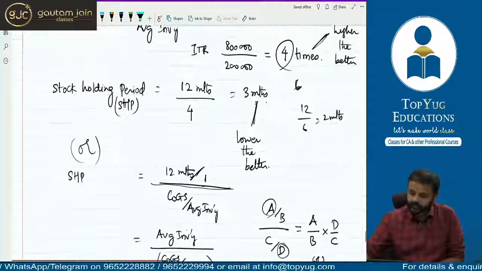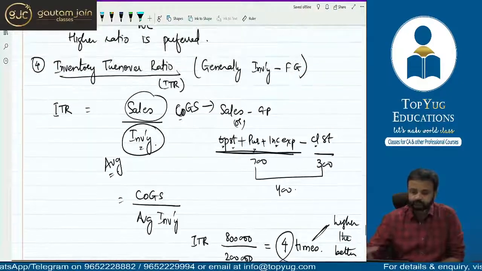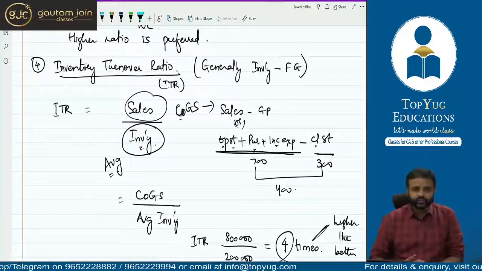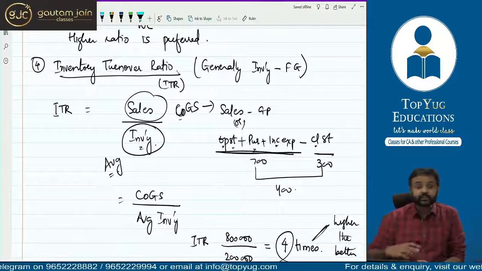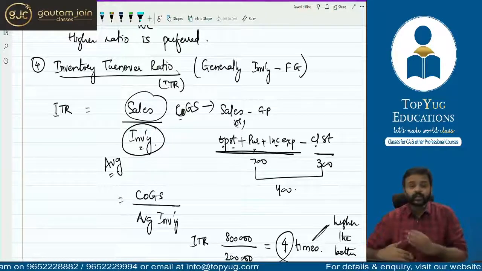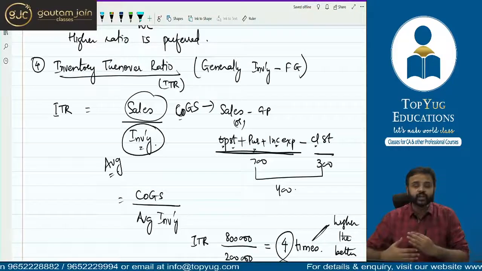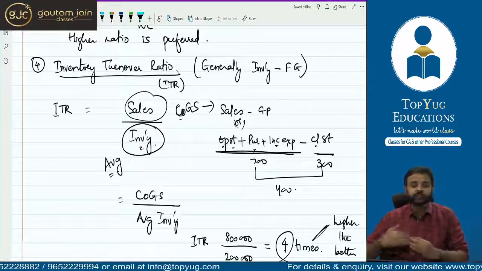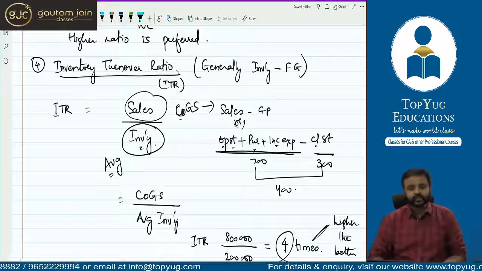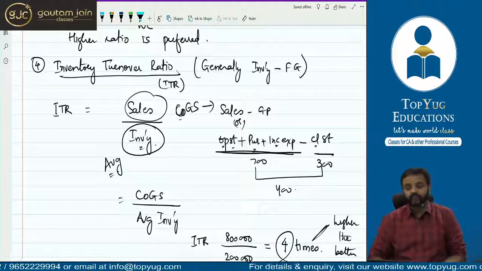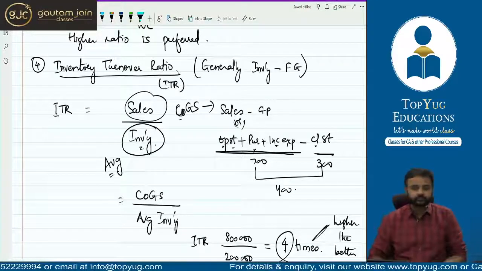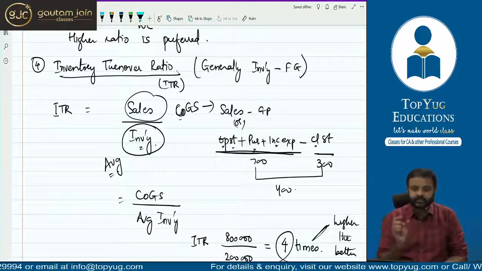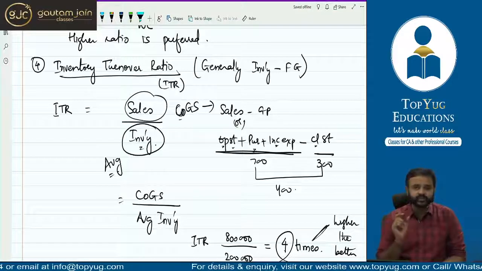Okay, I am repeating this again. Please see. Inventory turnover ratio means how many times in a year you're able to convert your inventory into sales. So we have taken the formula as sales upon inventory, correct? On input and output basis. Output is sales and input is inventory.